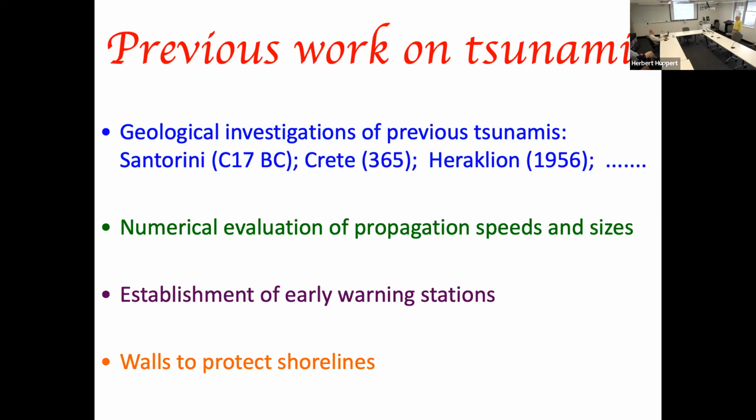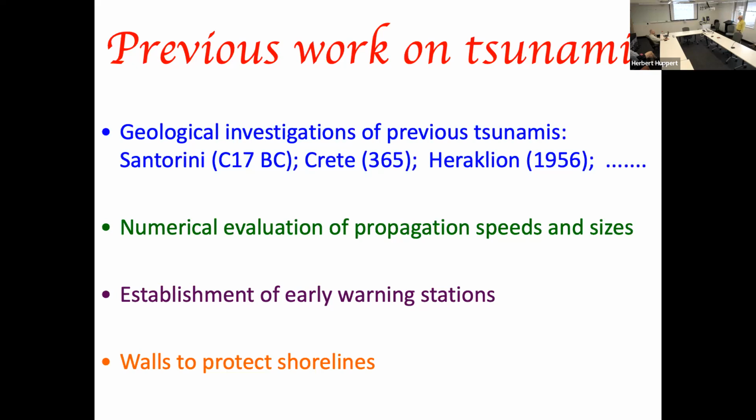and the question would be, what would we have done had there been an eruption? There have been numerical evaluations of propagation speeds and sizes and what the effect of the ocean topography is on these waves. There have been some early warning stations put into the ocean, but mainly in the Pacific, not in the Indian.